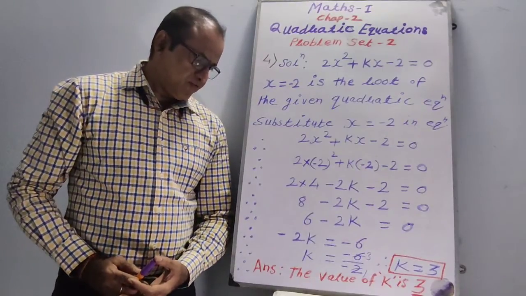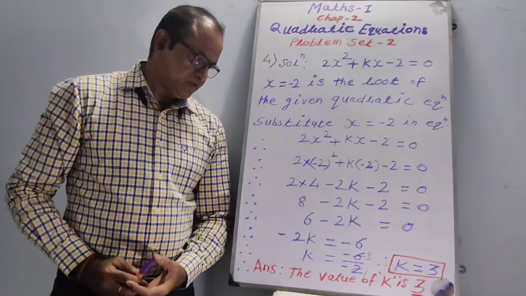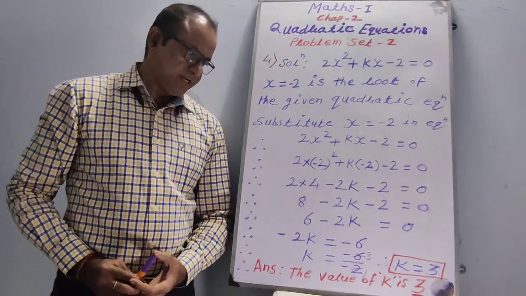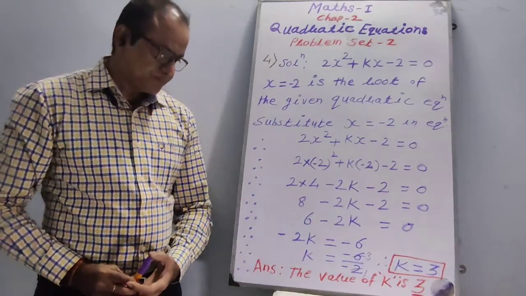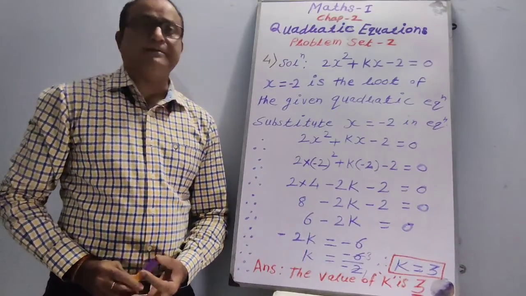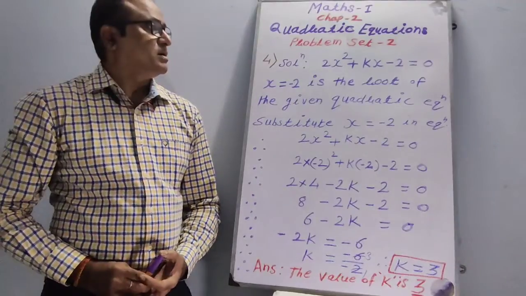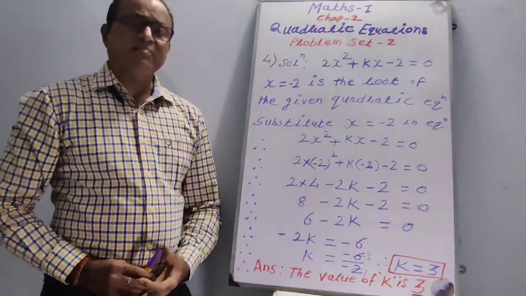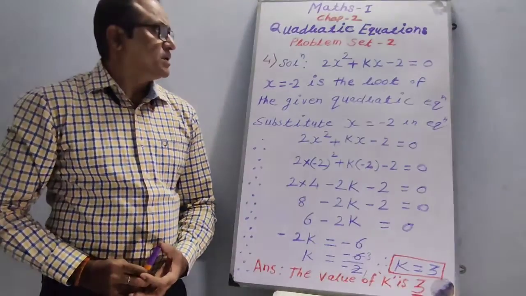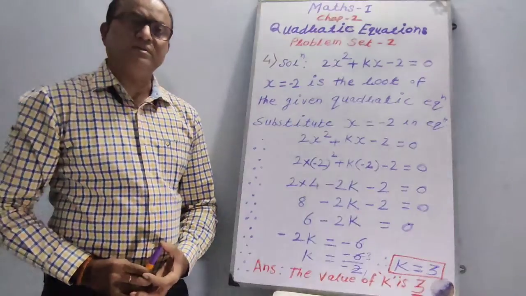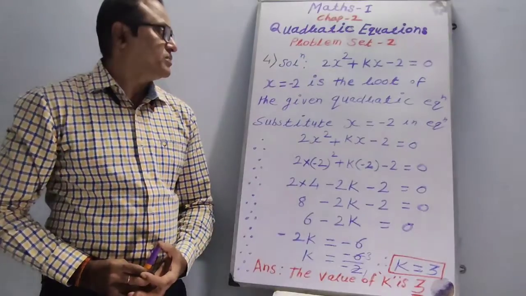If one root of the quadratic equation 2x square plus kx minus 2 is equal to 0 is minus 2, find the value of k. In this example, we have to find out the k value. How can we find this k value?